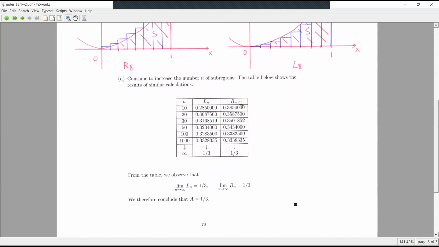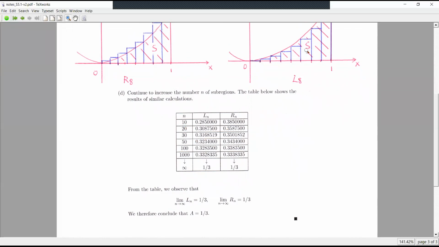Those rectangles are built by using function values at the right endpoints of subintervals. Now, when I use 10 rectangles to approximate the region S, the lower bound Ln is this number. The upper bound is this number.